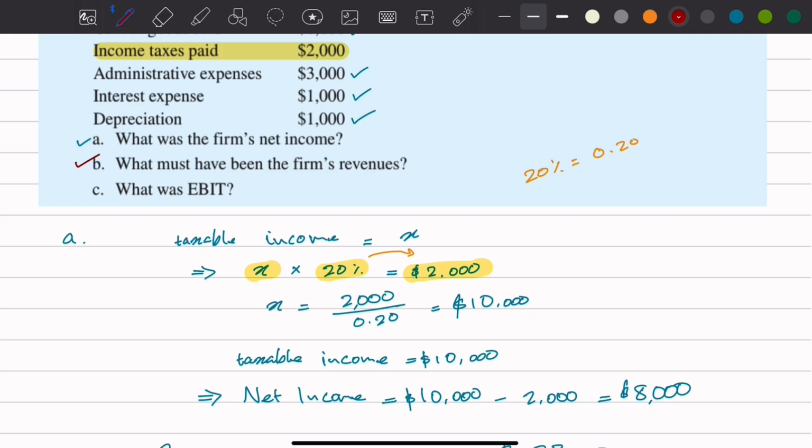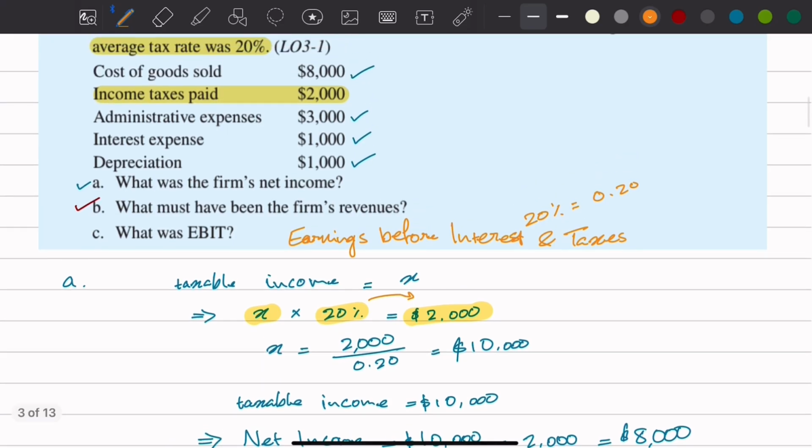Finally, for part C, what was EBIT? First, to answer this, you need to know what EBIT is. EBIT simply means earnings before interest and taxes. Okay?